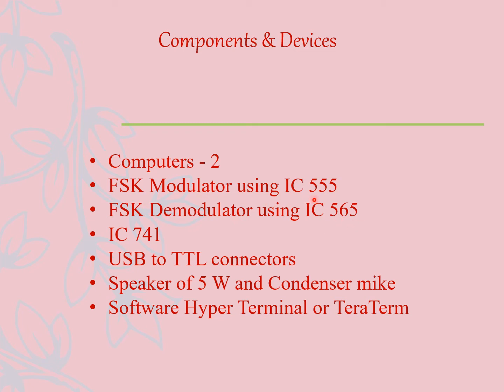Then IC 741 is used as an amplifier for the signal. Then USB to TTL connectors for serial data transmission, then a speaker of 5 watt and a condenser mic, and then software, hyperterminal or teraterm.